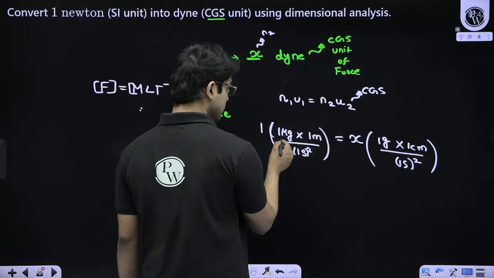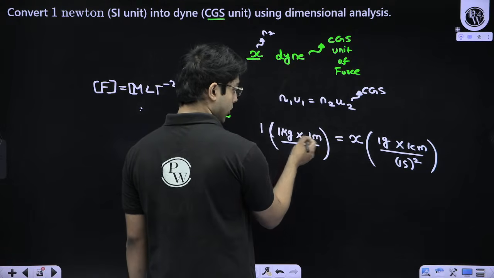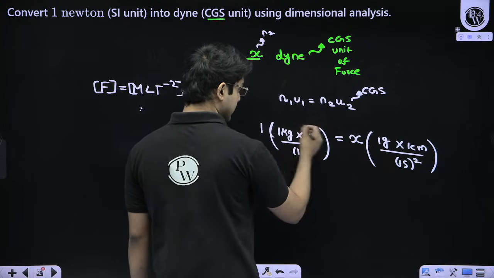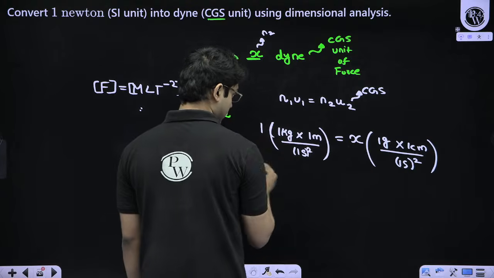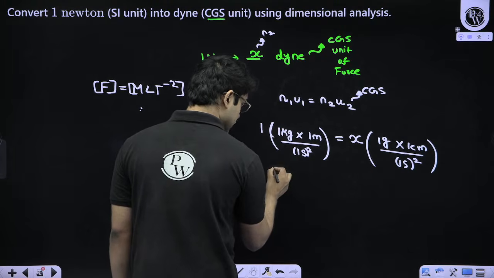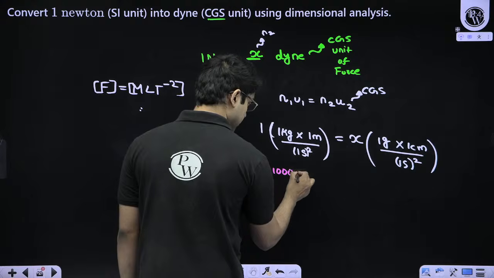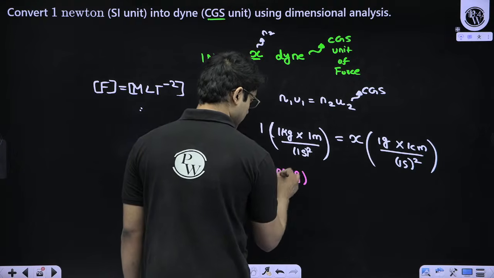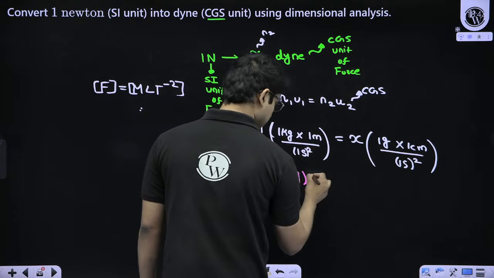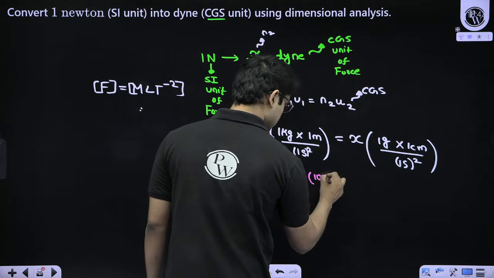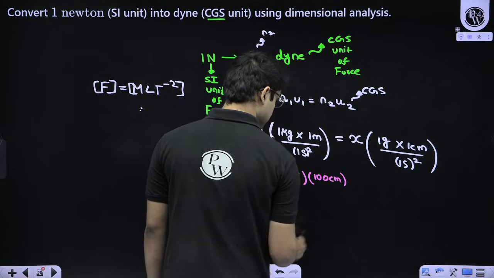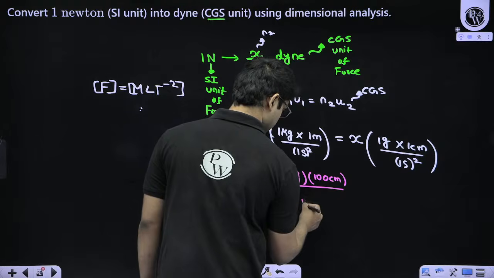Now what we can do is use what we already know. I want to cancel this gram, but here we have a kilogram, right? So I'll write this 1 kg as 1000 grams. This 1 meter, I will write it as 100 centimeter. Second, I don't have to do anything because it will get cancelled.